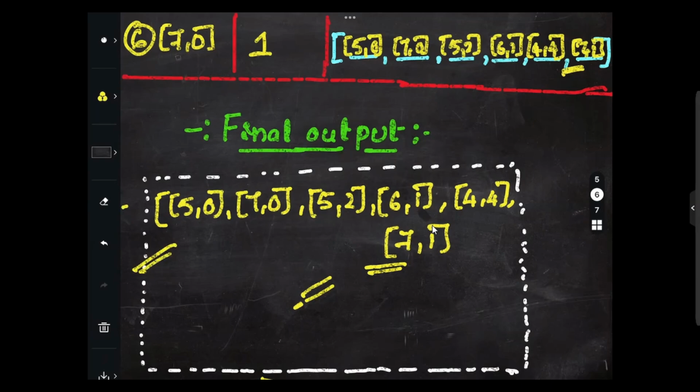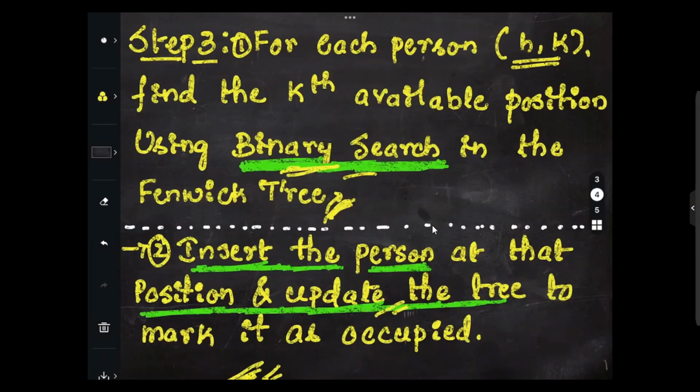So we went with three steps: sorting, then we initialize the Fenwick tree, and initially all the slots were available. And the third step, for each person we have to find the available position using the binary search. This is important in the Fenwick tree.